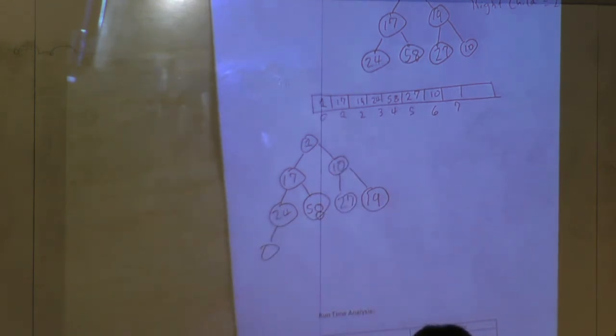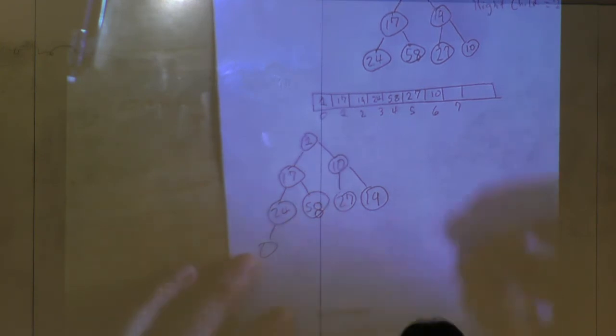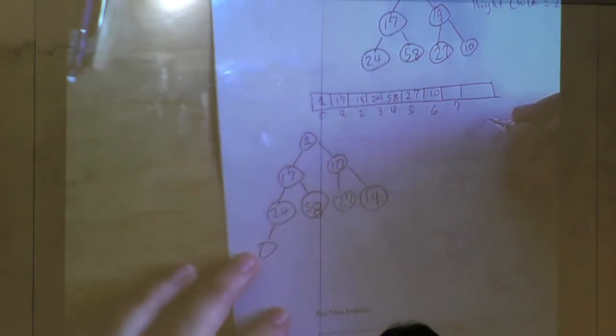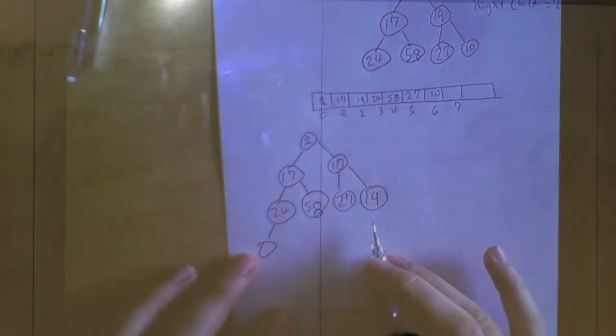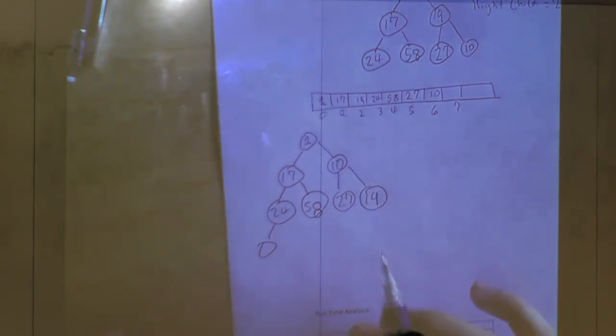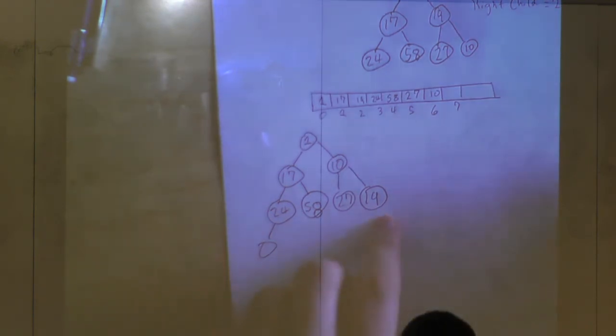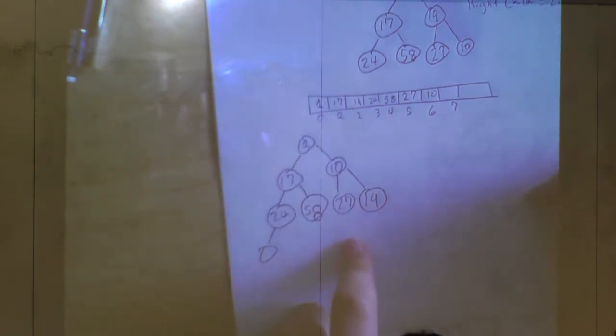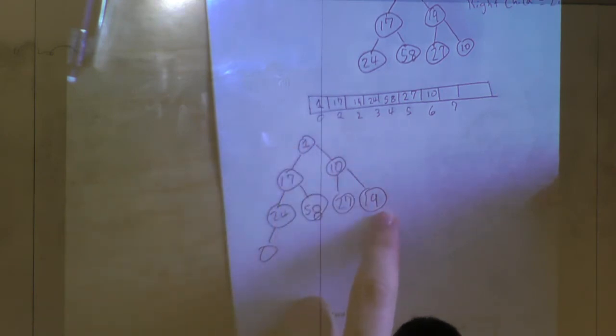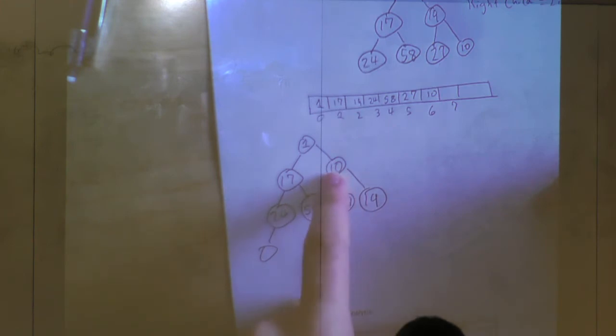So if we delete 1, for example, we're going to replace it with 19. And then 19 will percolate down, so 10 will move up, and then 19 will be left.